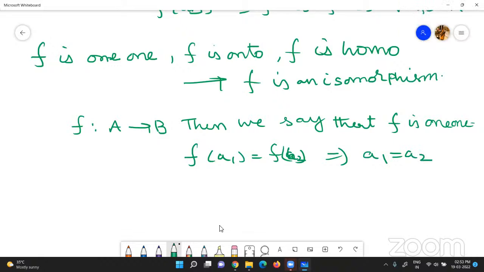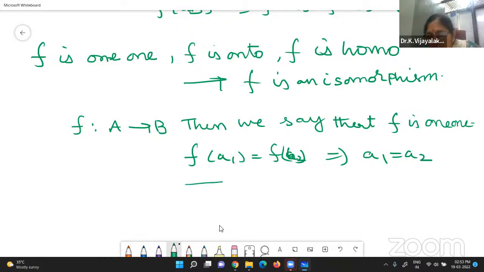There are many theorems based on this isomorphism problem. Go through these concepts, very, very important. What do you mean by homomorphism? Homomorphism preserves the binary operations, addition and multiplication. 1-1 function means distinct elements have distinct images.